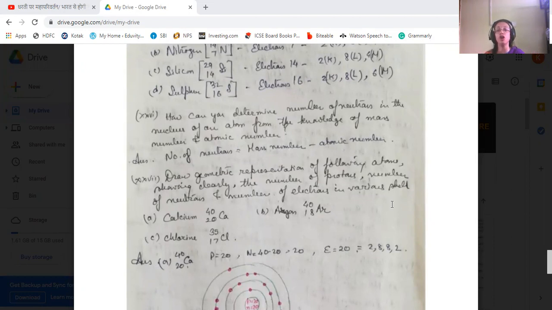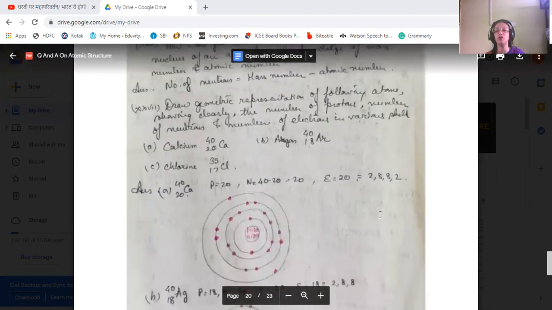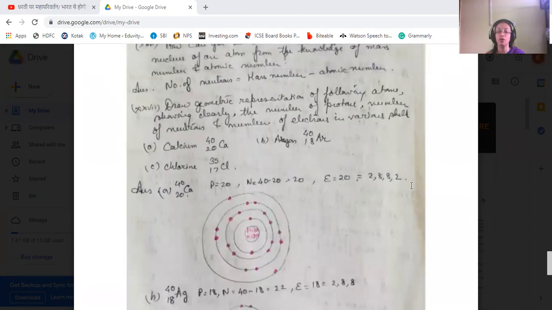Next question: draw geometric representation of the following atoms showing clearly the number of protons, the number of neutrons, and the number of electrons in various shells. Calcium will contain 40 as the mass number and 20 as the atomic number. So protons will be 20, electrons will also be 20, and neutrons will be 40 minus 20, that will be equal to 20, and the electronic configuration will be 2, 8, 8, 2.